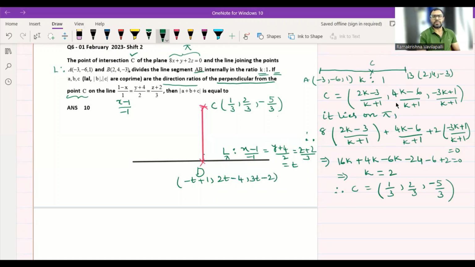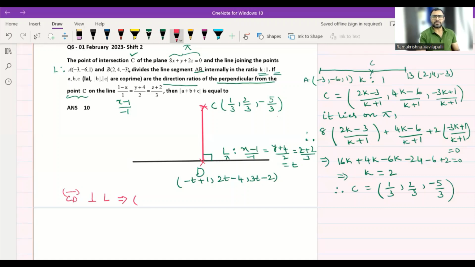So now you observe clearly that CD is perpendicular to the line L. So therefore, the product of DRs of line CD and the given line is 0. So what are the DRs of line CD? Subtract one point from the other point.